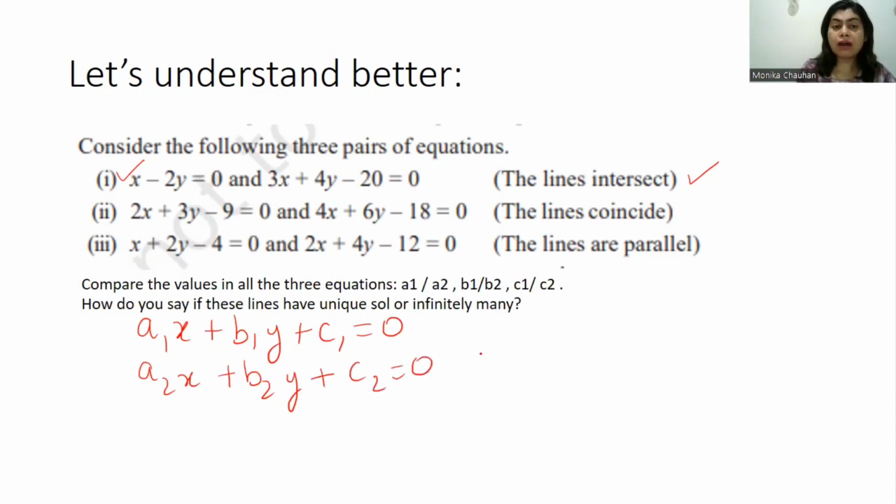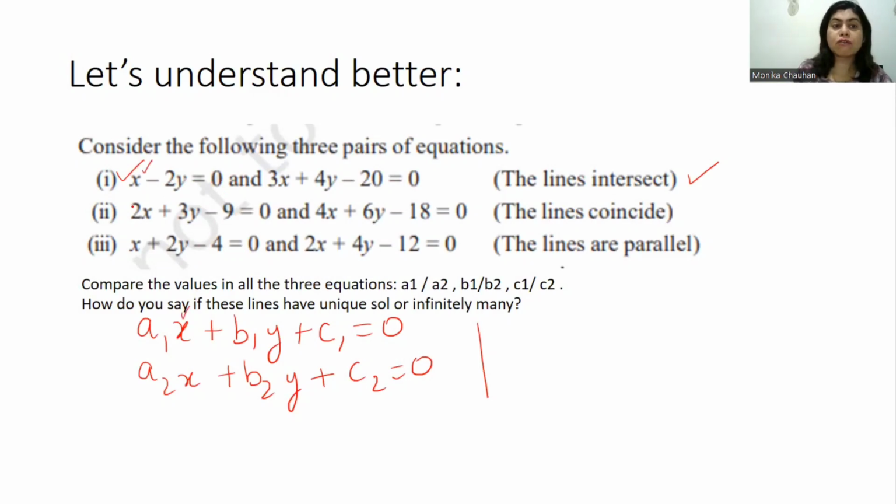Now you have to compare this general form with the equation which is given to you. Compare the coefficients. If I compare your first equation, x minus 2y is equal to 0, x is there, right?